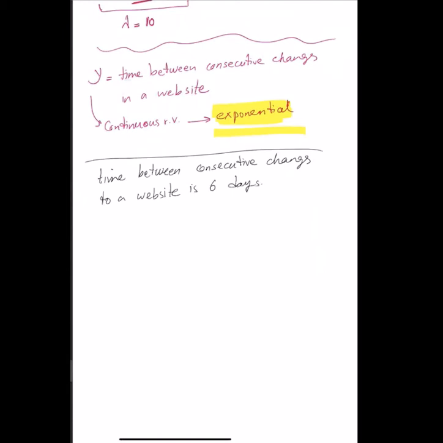Again, this is the time axis. These are when the changes happen to the website. The time between consecutive changes to the website, the average of these, is 6 days.